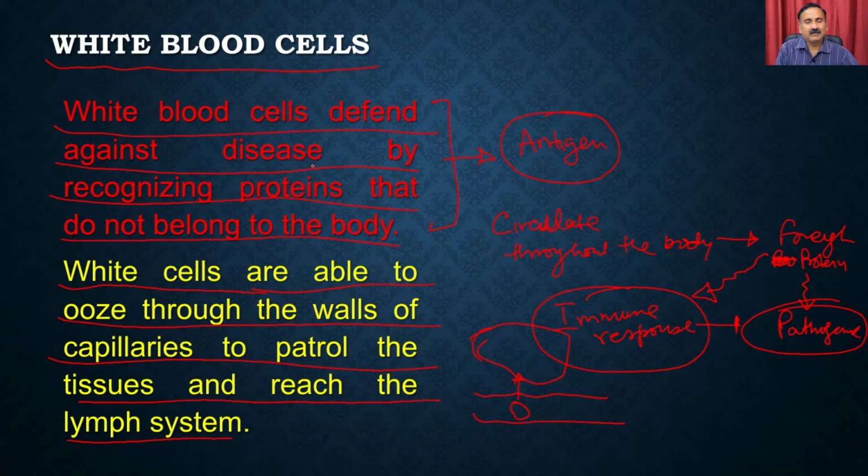Within the white blood cells, we have different types of cells. We have the B cells, the T cells, the macrophages, the neutrophils, the eosinophils and the basophils.